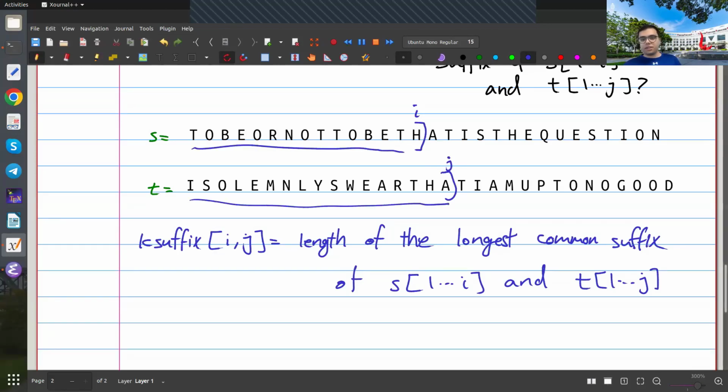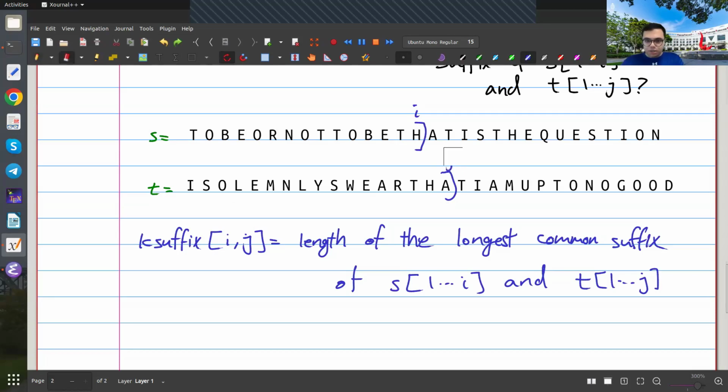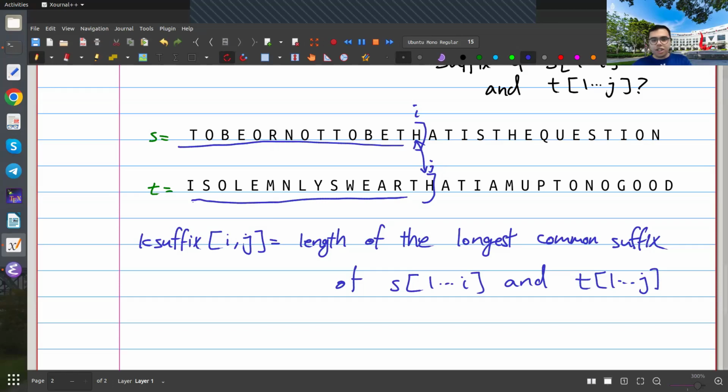The answer is just 0 because this one ends in H, this one ends in A. But if they do match, so if my i is this one and my j is this one, then I'm matching this last letter with this last letter. And then I have to find the longest common suffix of the first i minus 1 characters here and the first j minus 1 characters here, right?